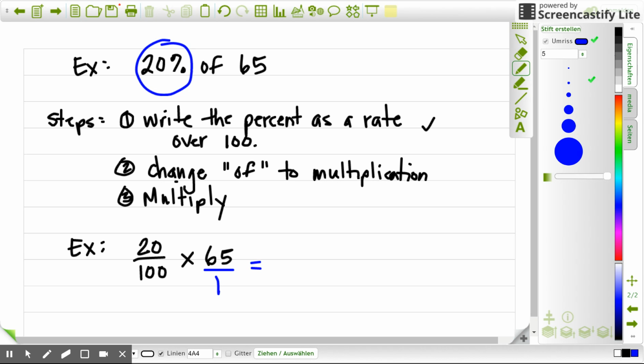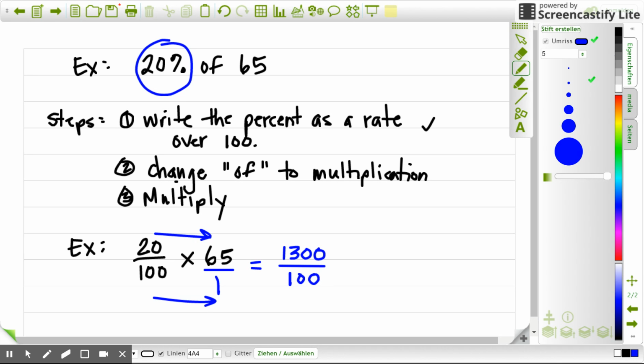20 times 65 is 1,300 when you calculate that out. And 100 times 1 is 100. So I've just multiplied the numerators and I've multiplied the denominators. And now I have my new fraction with 1,300 on top over 100.